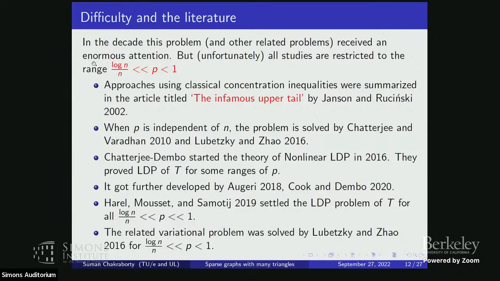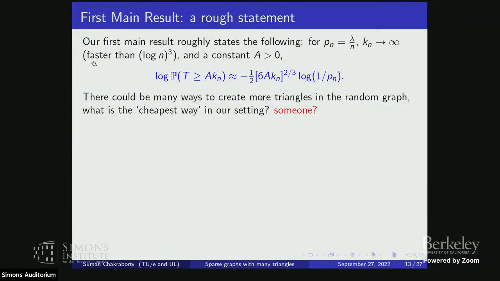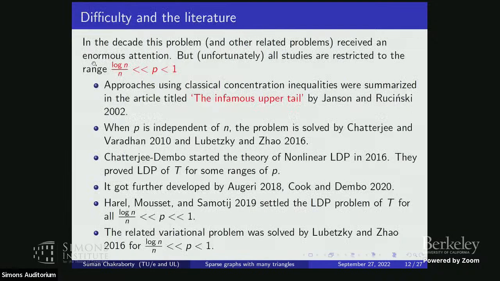Here they express the problem in terms of a variational problem. They solved it here as well, but the variational problem was solved before in this paper. And if you note the range of this p, they do not consider the range where p is a constant over n. They are all somewhat in the not so sparse, not so dense regime. Questions, comments?